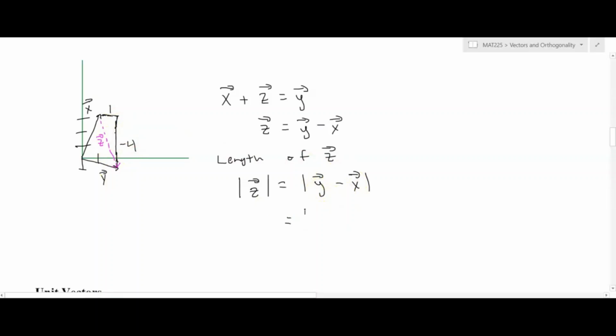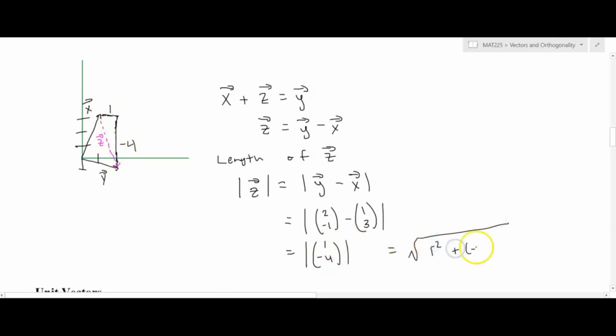So if that's the difference between 2, -1 minus 1, 3, then you're going to see that the vector that we're actually measuring the length of is the vector 1, -4. And that's exactly what we have here, 1, -4. So to compute the length of that, that's just going to be the square root of 1 squared plus -4 squared.